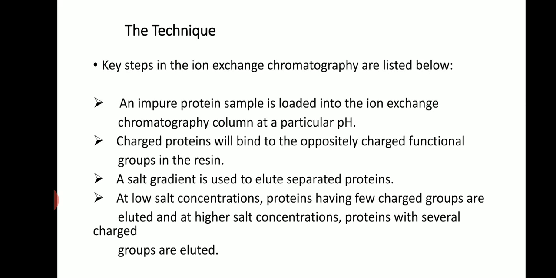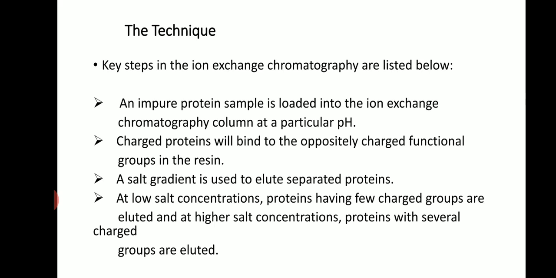The technique. Key steps in ion exchange chromatography are listed below. First one, an impure protein sample is loaded into the ion exchange chromatography column at a particular pH. Charged proteins will bind the oppositely charged functional groups in the resin.